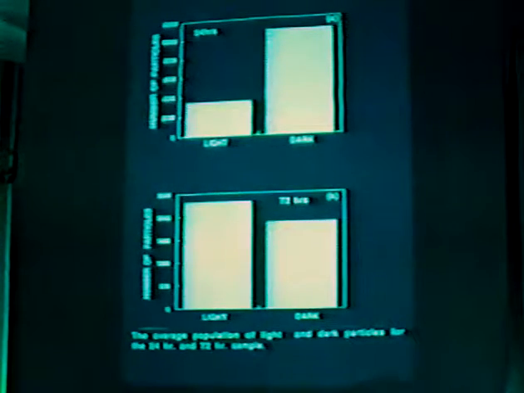So if we now plot the light, transparent particles and the dark particles for the 24-hour sample, the number of transparent particles is less, and the number of dark particles is more here. About 10,000 to 11,000 particles were counted, as you can see here. So after about 24 hours in the stream, the catalyst mostly consists of a major fraction of carbide phase and a minor fraction of the oxide magnetite phase, Fe3O4.